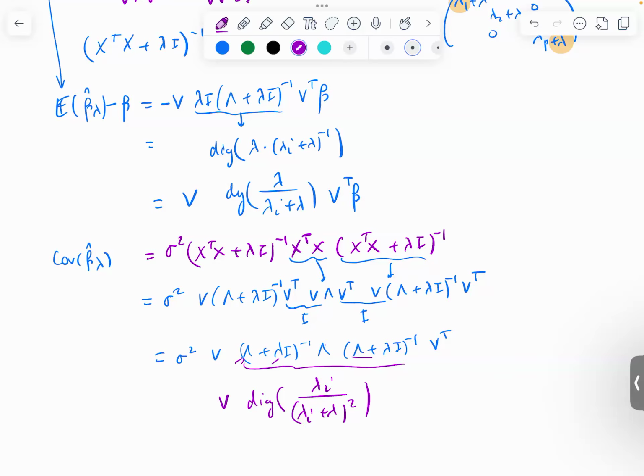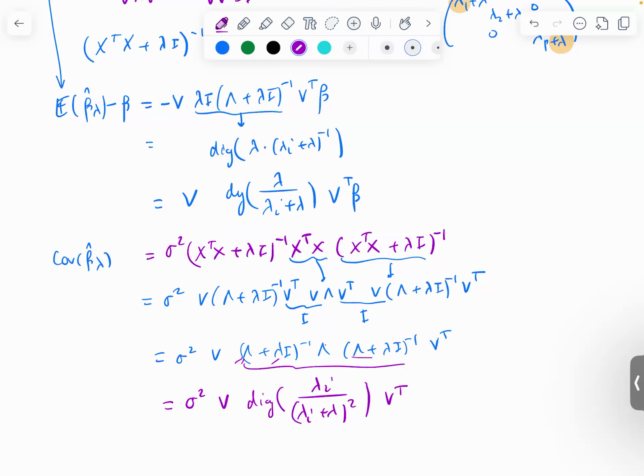So here is going to be V transpose. You can see all these matrices are basically diagonalizable by V. The same basis diagonalizes everything. So these commute with each other, and you can basically treat them as diagonal, mapping to this V space and just working with diagonal matrices.